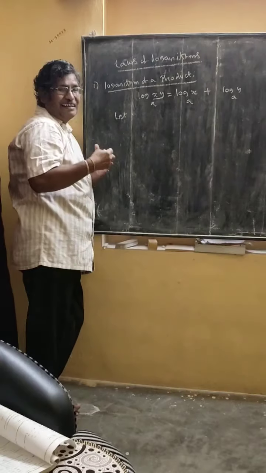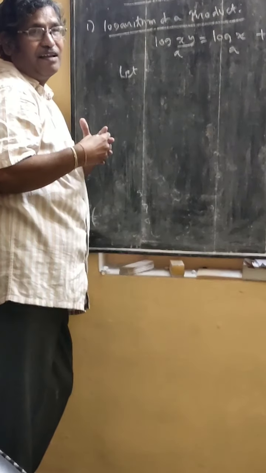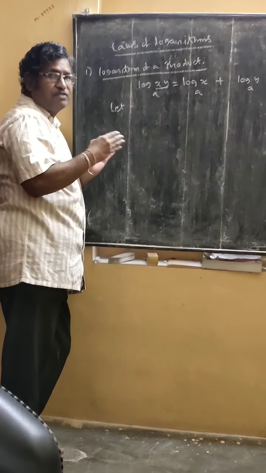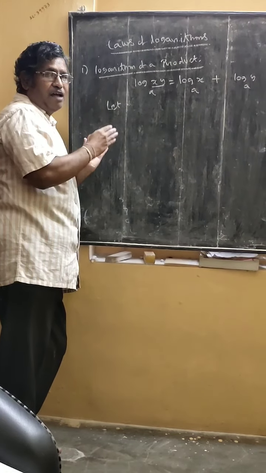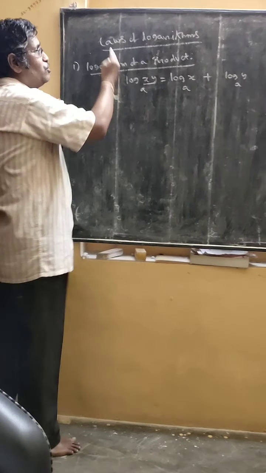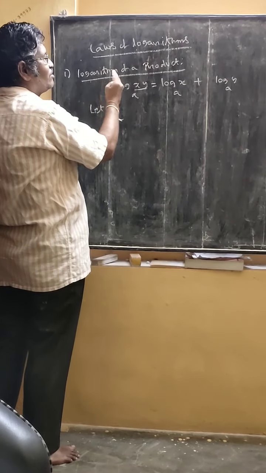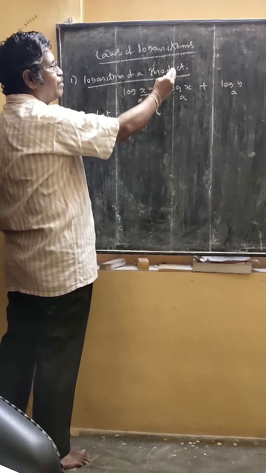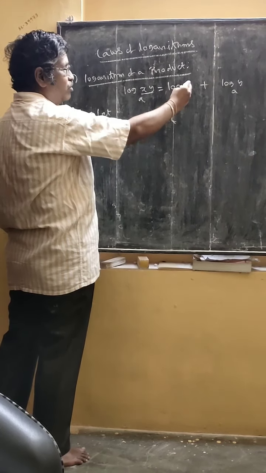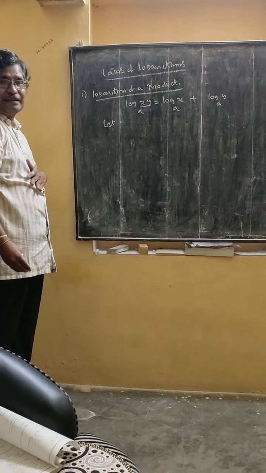Students, there is a link, a relation, between laws of exponents and laws of logarithms. So in the laws of logarithms, we are discussing the first one, the logarithm of a product: log xy to the base a is equal to log x to the base a plus log y to the base a.